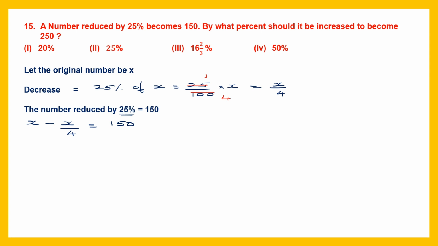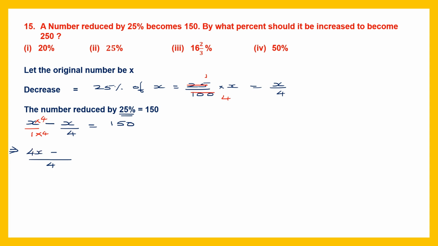So now if we solve for x, we can find the original number. So first let's begin by solving for x. Here we have to find the LCM because it's subtraction of fractions. The LCM will be 4. So 1 into 4, and this is x into 4. x into 4 is 4x.